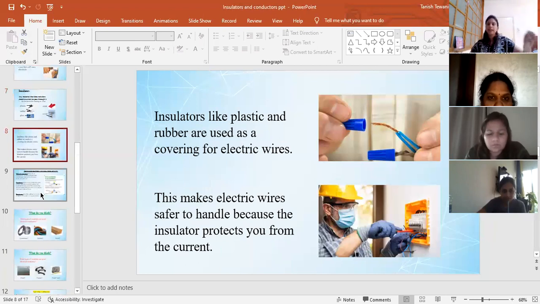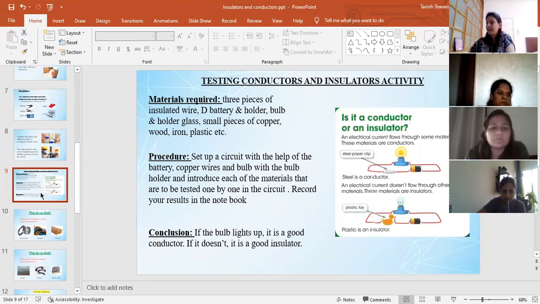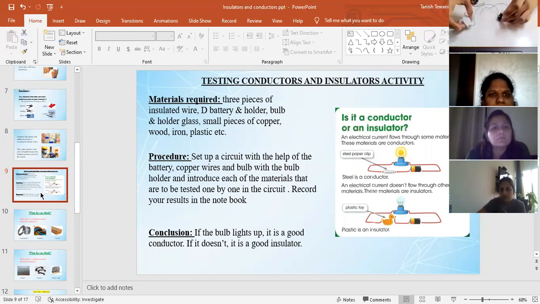Okay, children, let's do one activity to know more about insulators and conductors. One minute. Can you see? So this is a bulb, this is a switch, and this is a battery. Let's check.